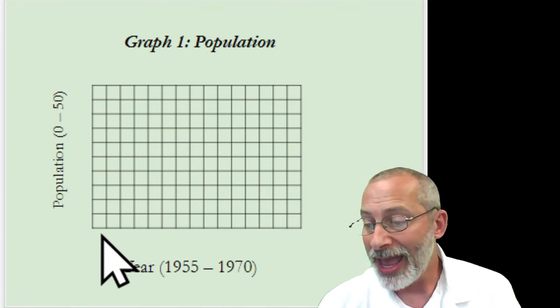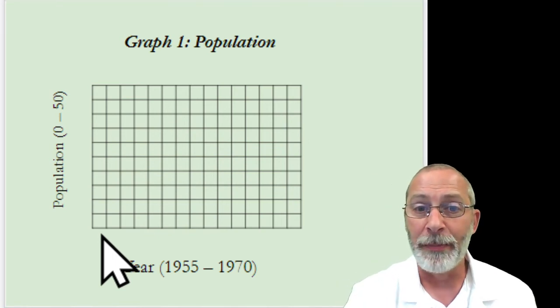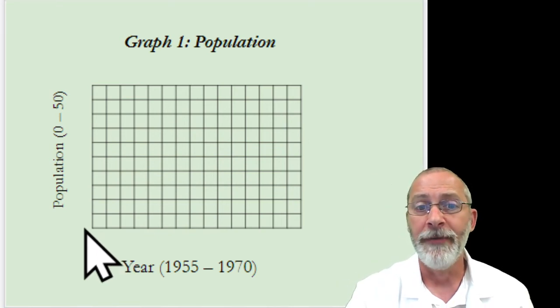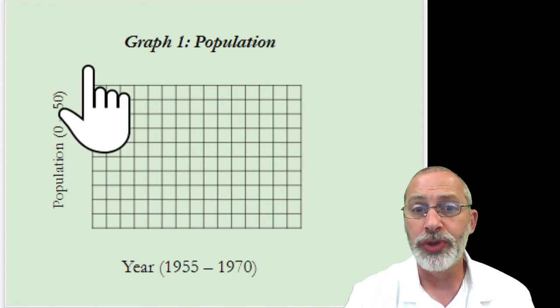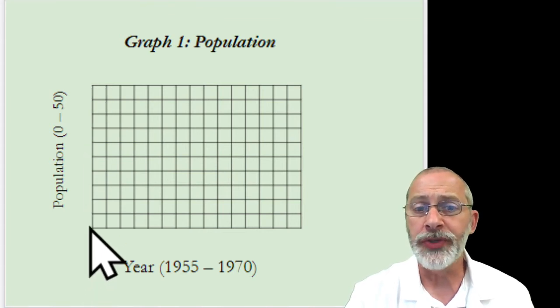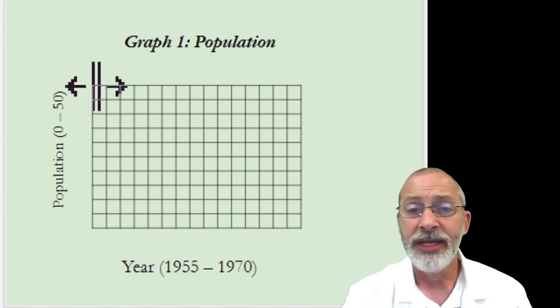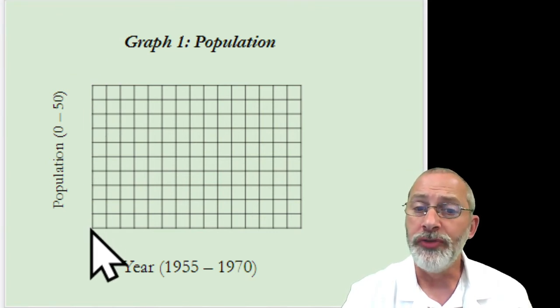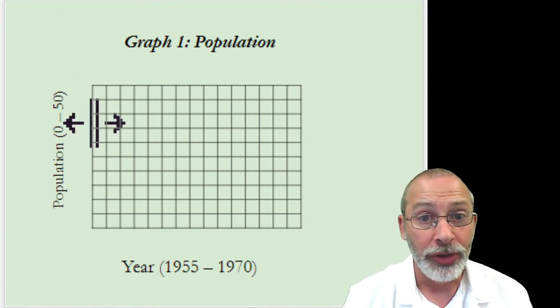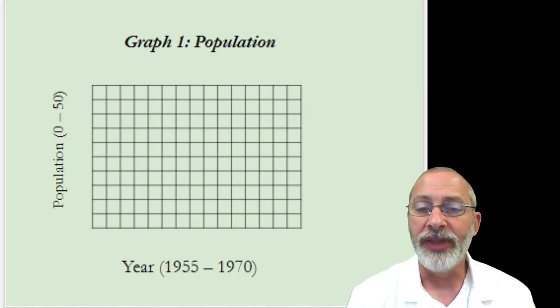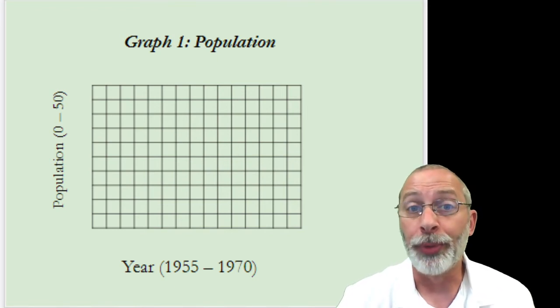On the y-axis, you're going to label the population in terms of the numbers from 0 to 50. And so the bottom line will be 0, top line will be 50. You find the correct interval to label the y-axis appropriately.